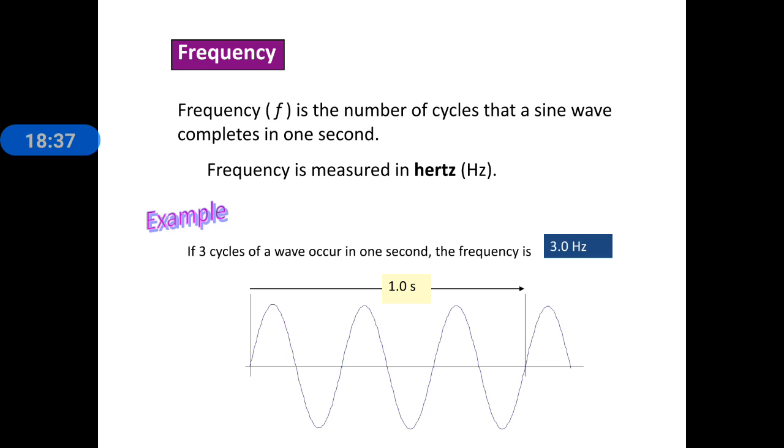Here one example is given. In 1 second the rotation is very fast. In 1 second 3 cycles are produced. So it has 3 hertz. For 1 second, 3 hertz, 3 cycles produced. So the number of cycles per second is the frequency.